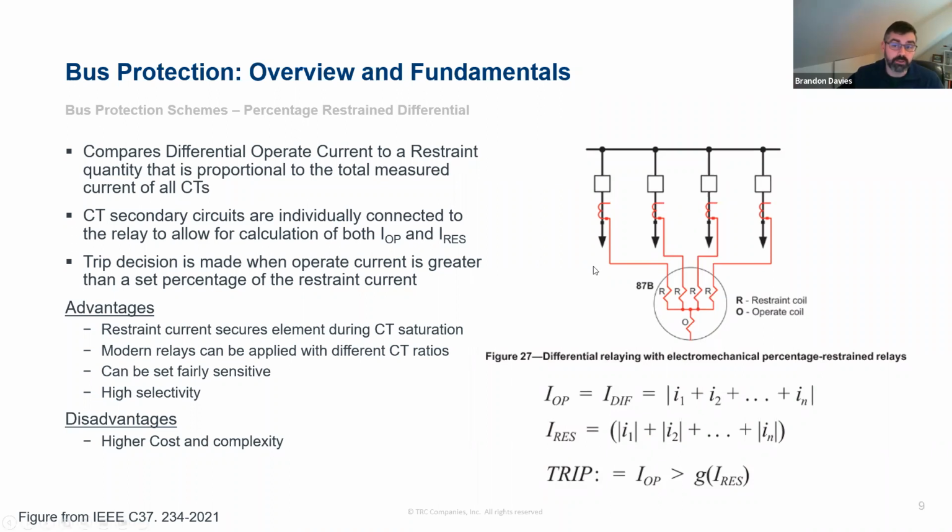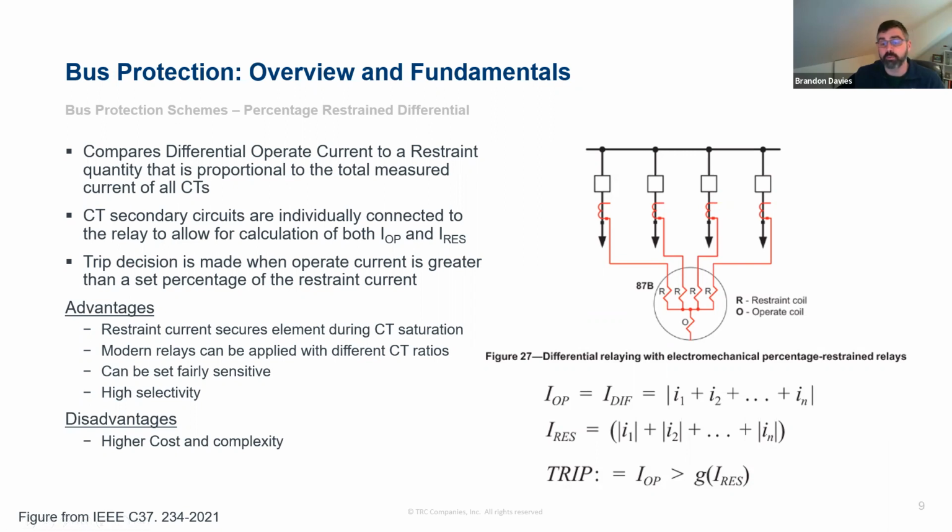Which in the case of a bus, if you have an external fault just outside of the bus on one of these connections, all of the fault current from all the other sources is going through one CT on the way out. You'd have sources coming into the bus on the other three, and those would sum together, and all of that primary current would be going through the breaker for the faulted piece of equipment external to the bus.